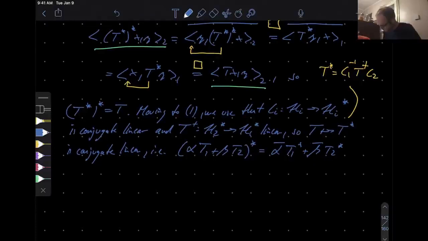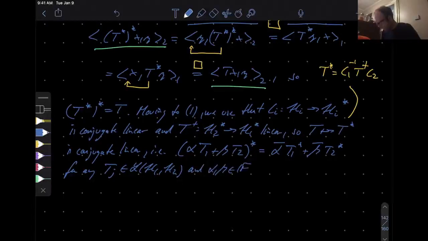Okay, for any T_j in L(H1, H2), and alpha, beta scalars. All right. Moreover, so that first property was conjugate linear isometric isomorphism. So we got conjugate linear. Now we have to show the isometry.